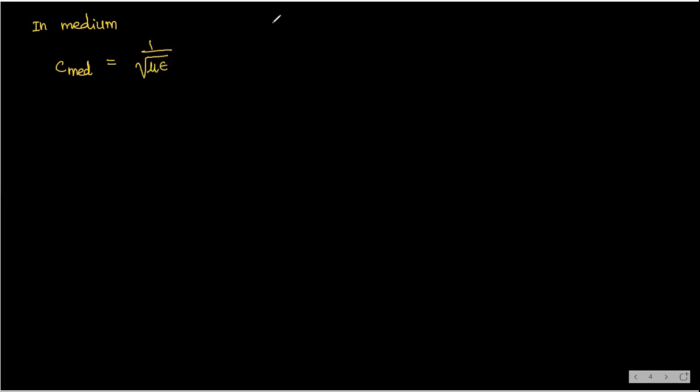Now already we know mu r is equal to mu divided by mu naught, and it is called relative permeability. So that implies mu is equal to mu r into mu naught.